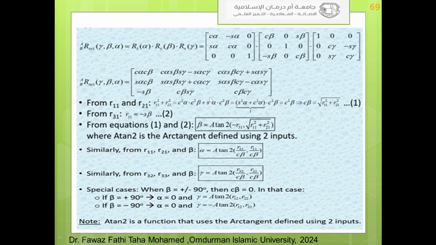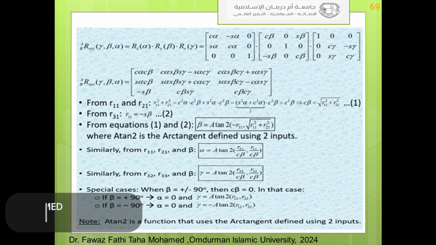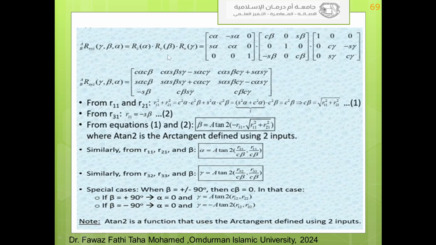As we said before, some references use alpha, beta, gamma, like the reference Introduction to Robotics by Craig. The author of this reference is Craig. It is a useful reference, and it uses alpha, beta, gamma as angles: alpha for z, beta for y, gamma for x.